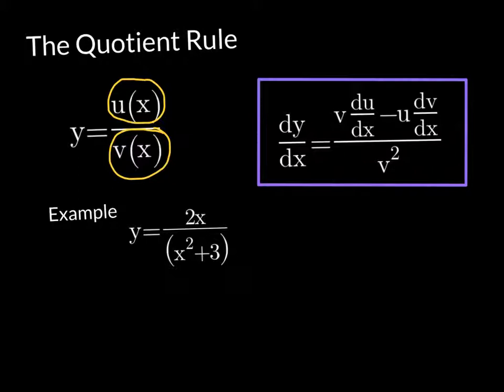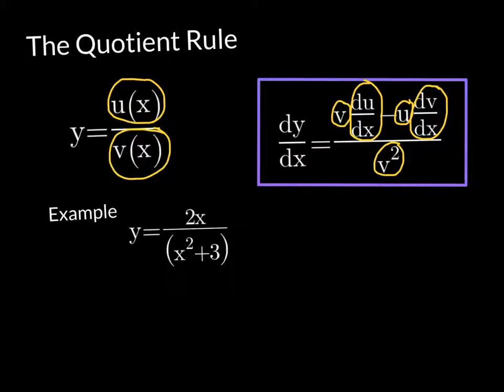So the differential of the entire expression, dy by dx, is now equal to the bottom expression, v, multiplied by the differential of the top expression, du by dx, minus the top expression, u, multiplied by the differential of the bottom expression, dv by dx, and then that is all divided through by the bottom expression squared, v squared.